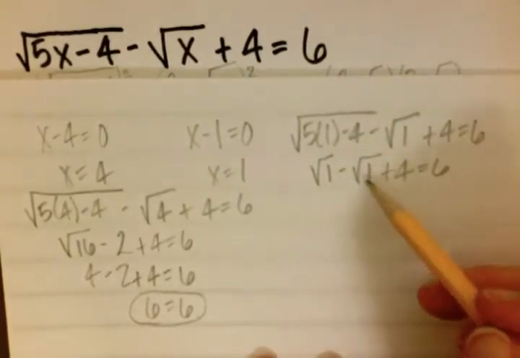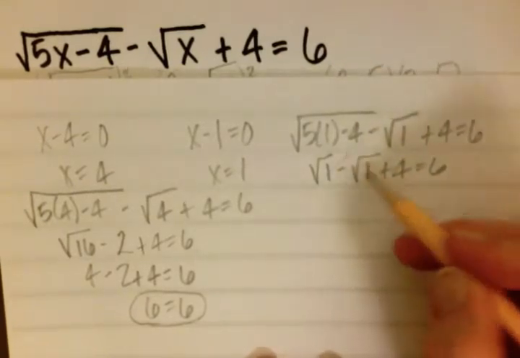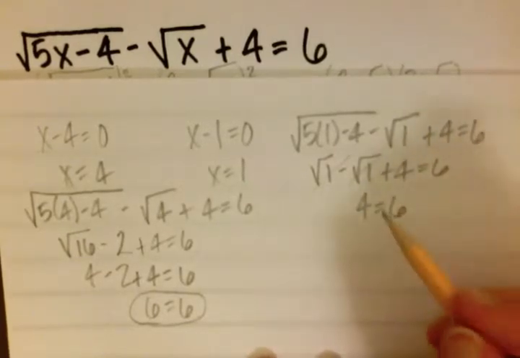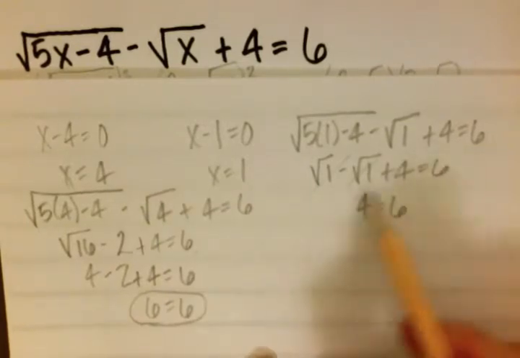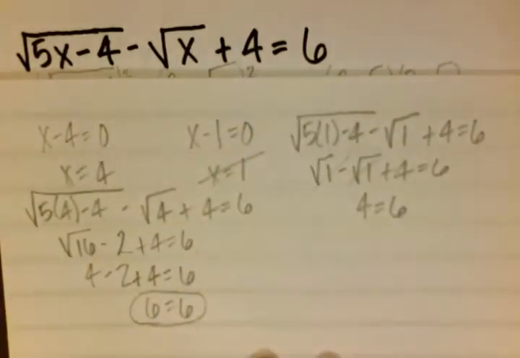We don't even have to worry about this because the square root of 1 minus the square root of 1 is going to be nothing, and we're left with 4 equals 6. So if we plug 1 back into our original equation, it does not equal. And so this couldn't possibly be one of our answers. So 1 is not our answer.